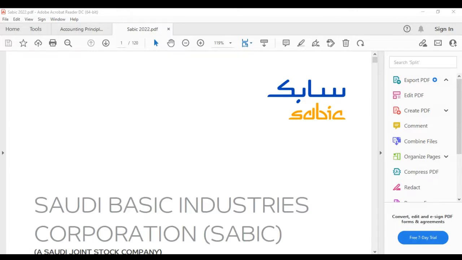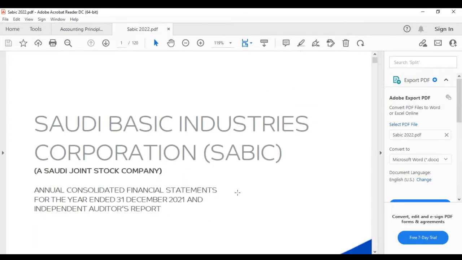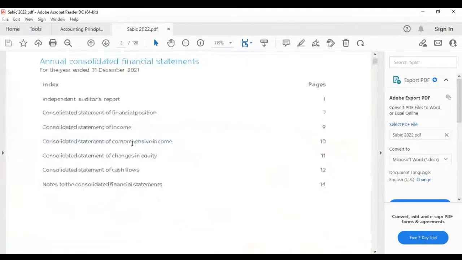Now, if you look at your screen, I'm sharing with you the balance sheet and income statement of SABIC for the year 2021. Do you know what a balance sheet is? Can someone tell me what an income statement and balance sheet are?